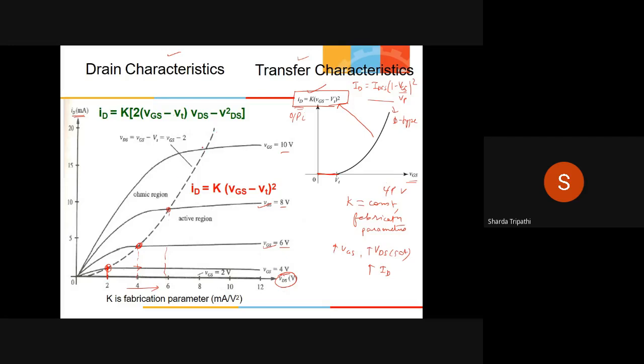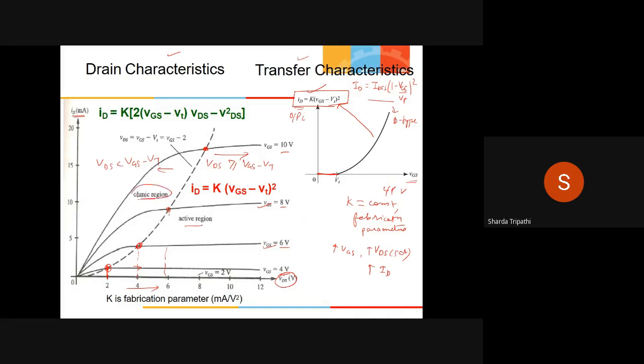This dotted line, or the locus of this curve, which shows the movement of VDS saturation, demarcates the active region and the ohmic region. Towards this side, we have the condition VDS is greater than VGS minus VT, and towards this side, we have the condition VDS is less than VGS minus VT.